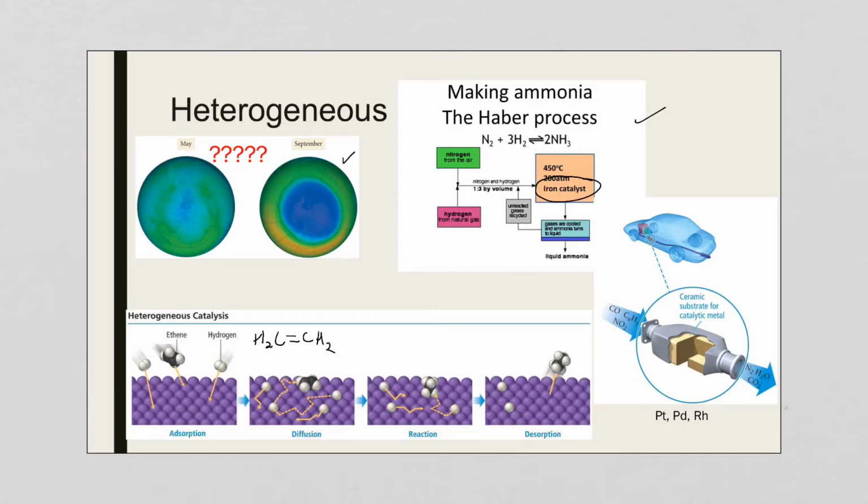So we're hydrogenating, adding hydrogen, and we're producing, it doesn't say here, but this is CH3, ethane. So we've added hydrogen across that double bond, turning it into a single bond, right? This is a heterogeneous process, this hydrogenation. Again, one of the processes used in certain industrial processes.